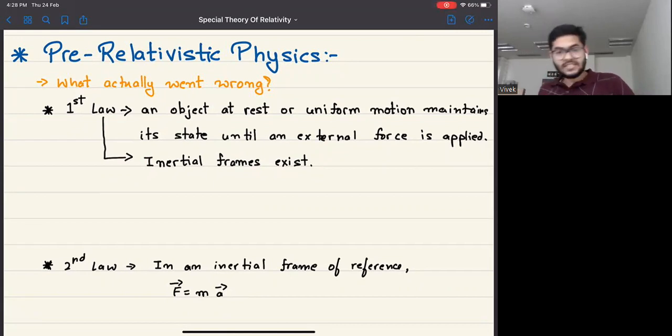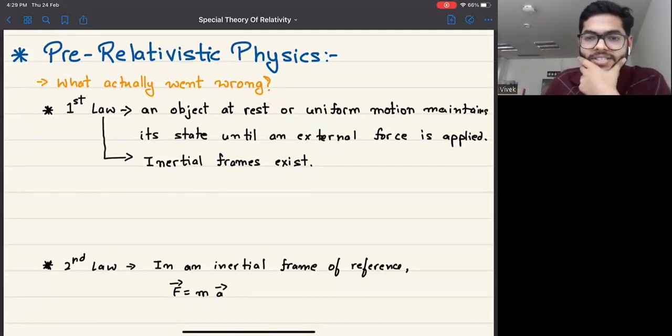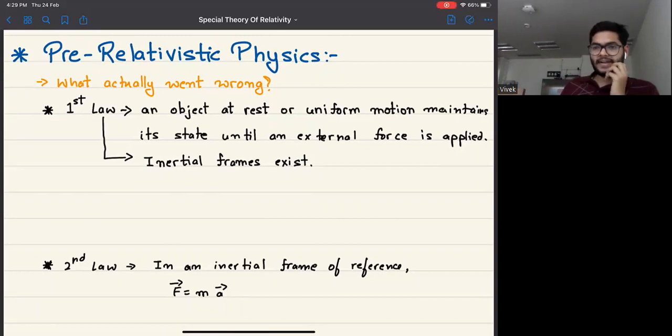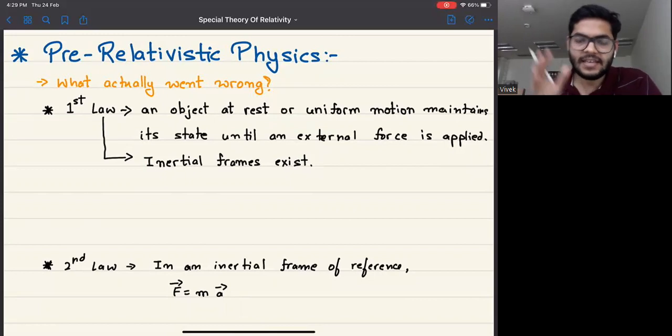First, let us talk about Newton's first law. What does Newton's first law say? It says that an object at rest or in uniform motion maintains its state until an external force is applied. So what does this mean? If an object is not moving at all and nothing external is going to disturb it, then it will remain at rest.